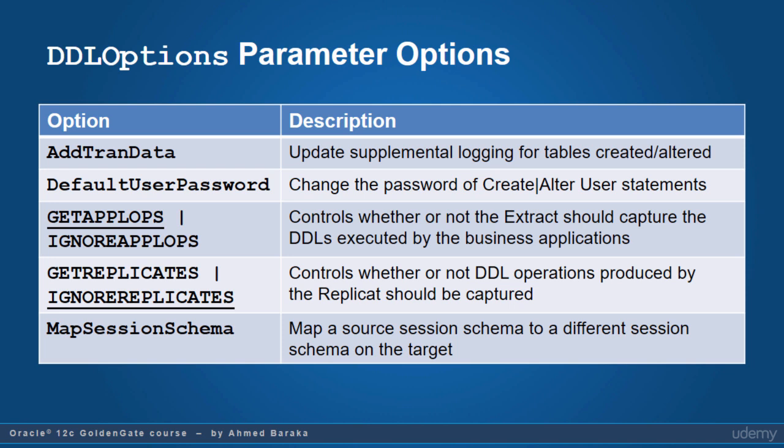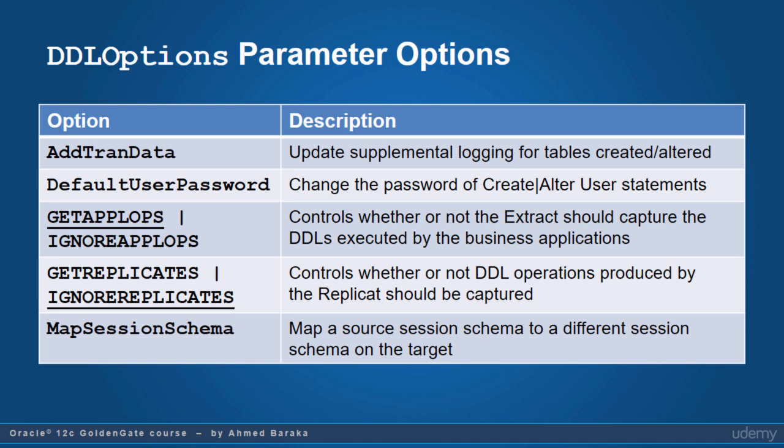They control whether or not DDL operations produced by the replicate are included in the trail. For a bidirectional configuration, use the get apps ops option with the ignore replicates option, so that the extract will capture the DDL statements executed by the applications but not by the replicate process.